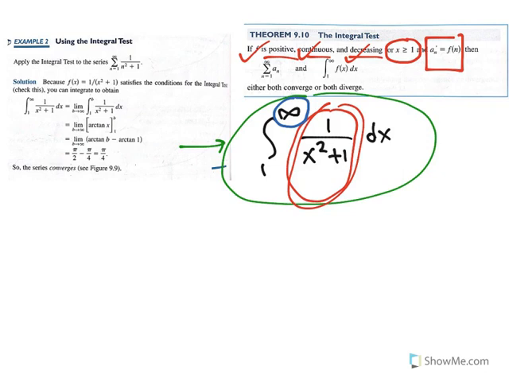We talked about that, and you can look at the graph of the tangent function to understand why that's the case. And then the arctangent of 1 is equal to pi over 4 because tangent of pi over 4 is equal to 1. So the improper integral converges because this limit exists. And therefore, by the integral test, the infinite series must also converge.